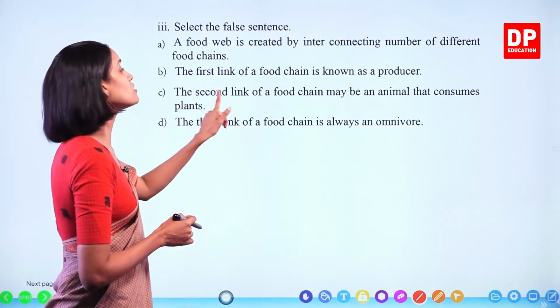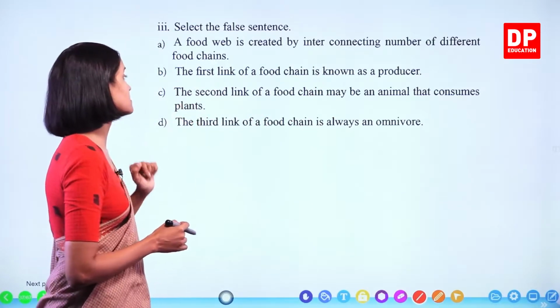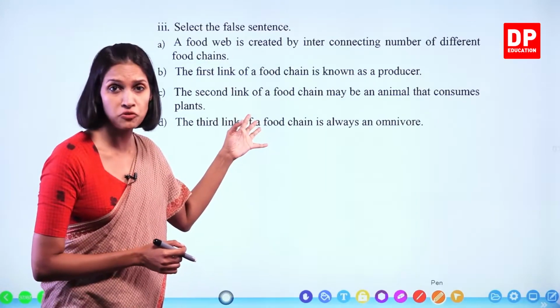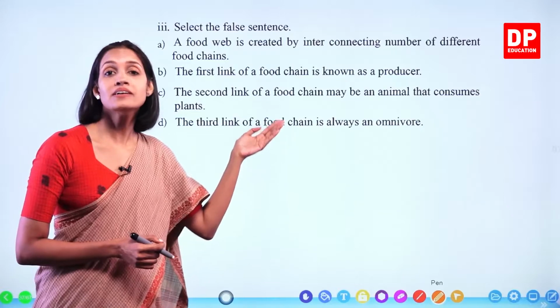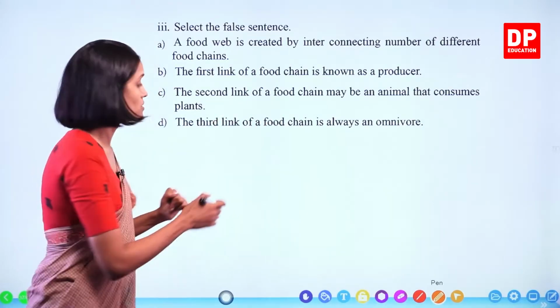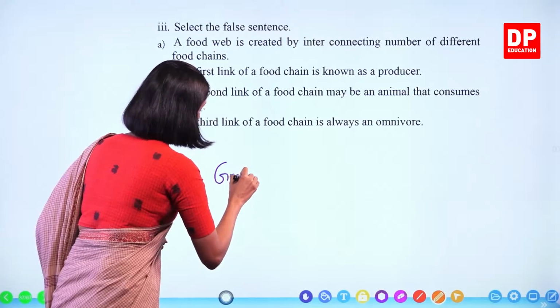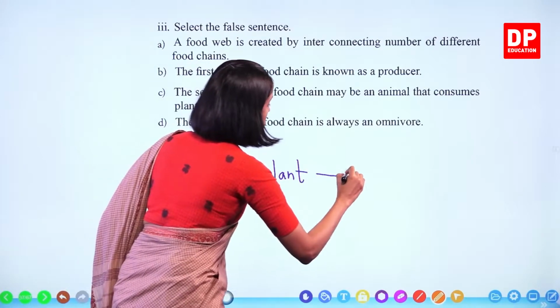The second link of a food chain may be an animal that consumes plants. That also can happen, which means herbivores. That's right, okay? The first link is always a green plant and it's known as a producer. Let's write green plant. We'll write an example.